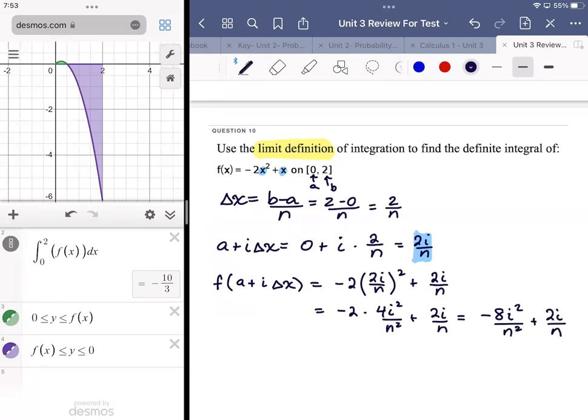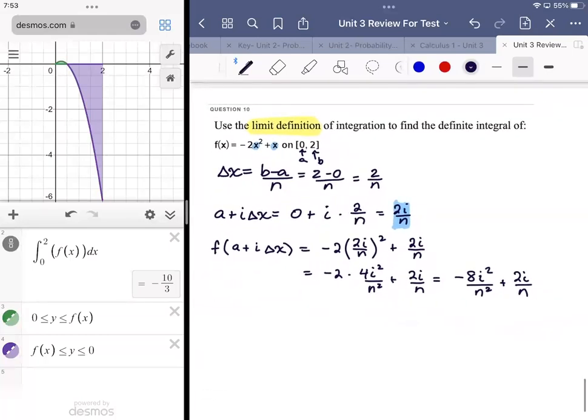There's pros and cons either way of either putting it together or keeping it apart. What I tend to do is wait to see how things are developing before I make that decision. And the next step is really where things start falling into place or not. So f of a plus i delta x gets multiplied by delta x.